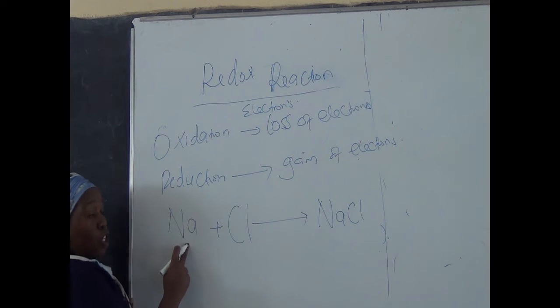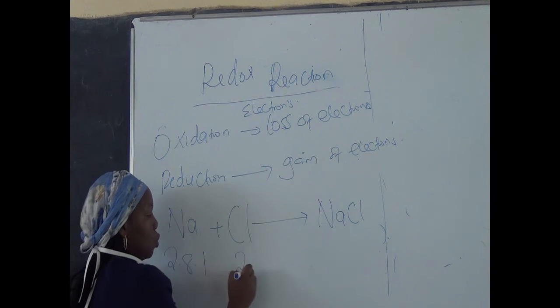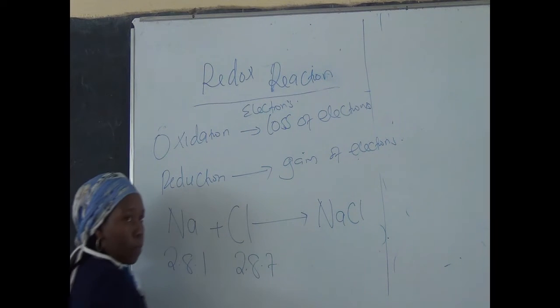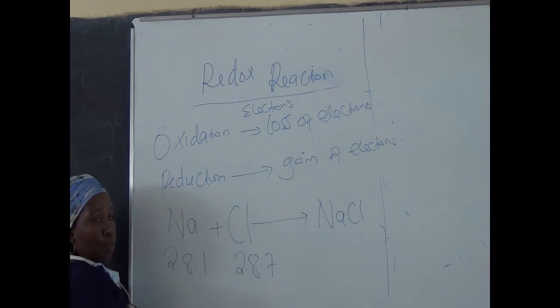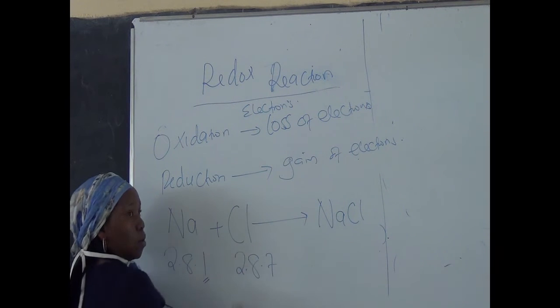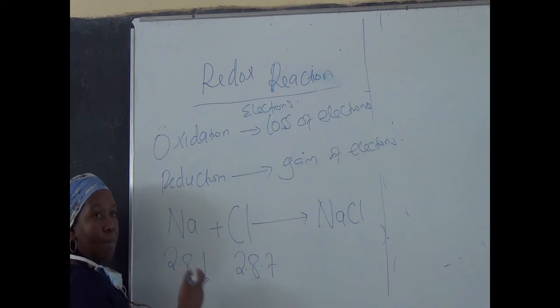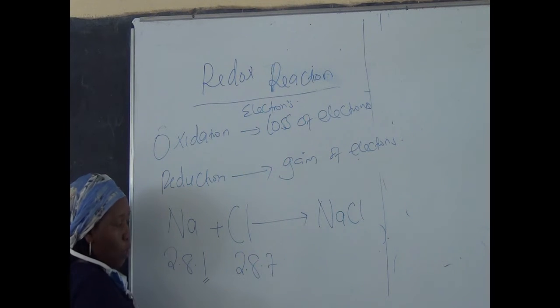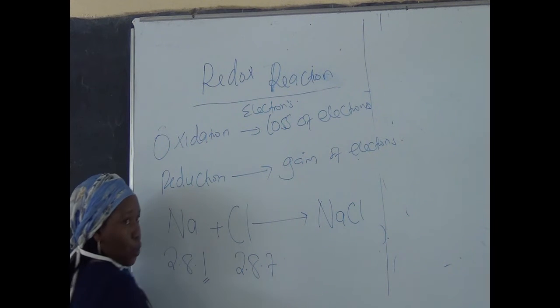The electronic configuration of sodium is 2,8,1, but that of chlorine is 2,8,7. So for sodium to be stable, it requires to lose that one electron, and for chlorine to have a stable configuration, which means it has the maximum number of electrons in its outermost energy level, it requires to gain one.